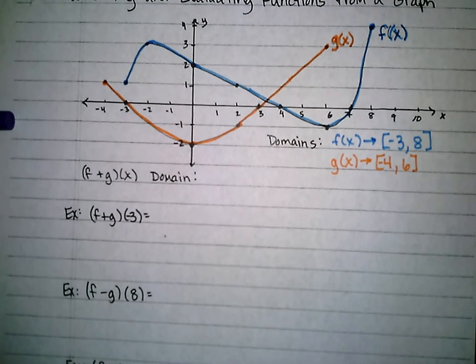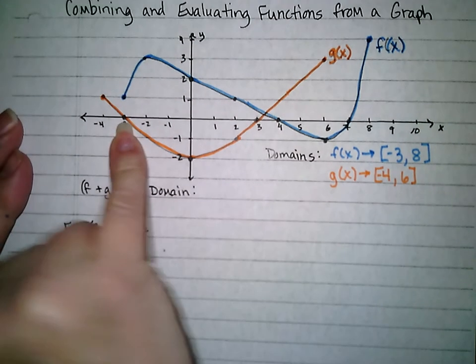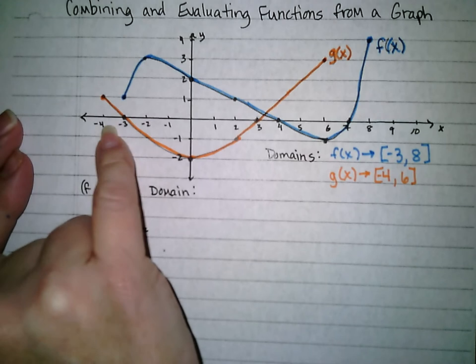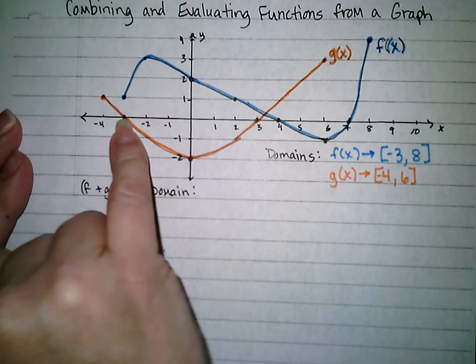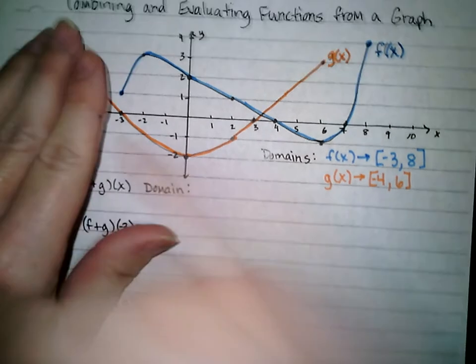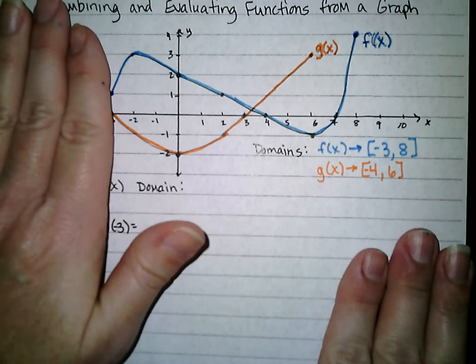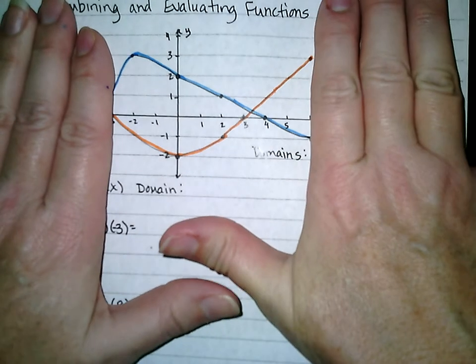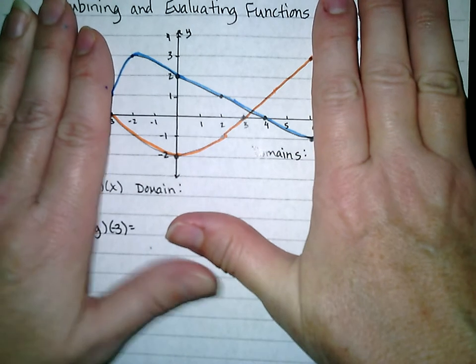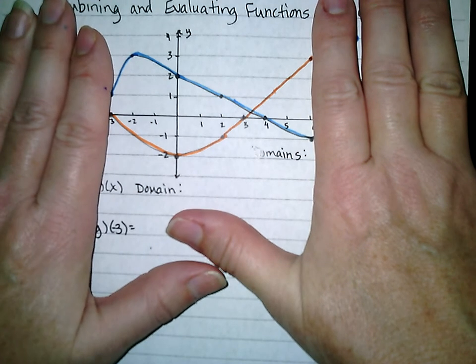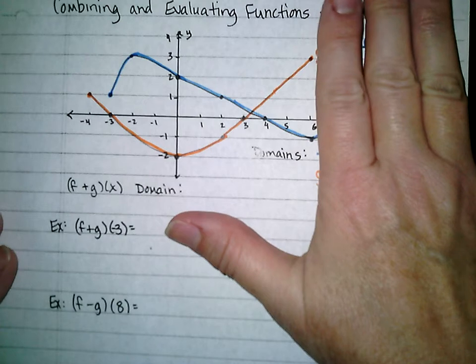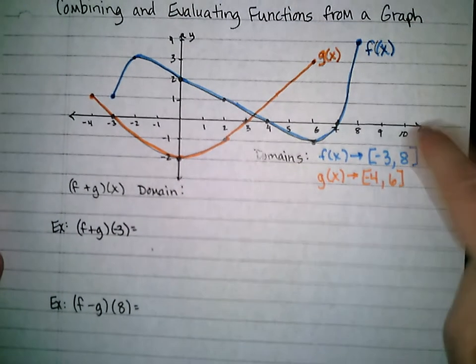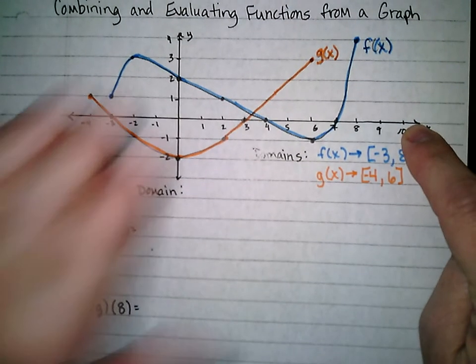Now, when I start looking at the combined domain, I need the overlap. So on my overlap, remember, I can only hang out where we both are allowed if we want to be together. So blue and orange can only hang out between -3 and they stop here at 6. That's the only place they're overlapping. So I could not ask you to do f plus g of 10 because neither function hangs out there.